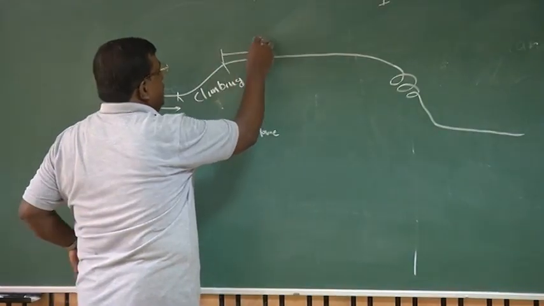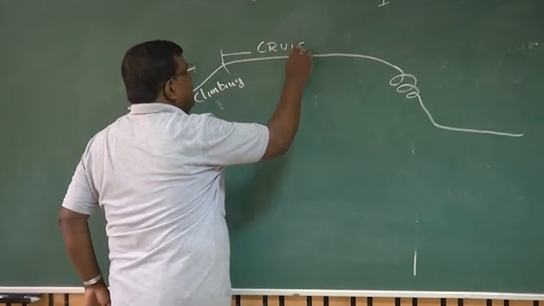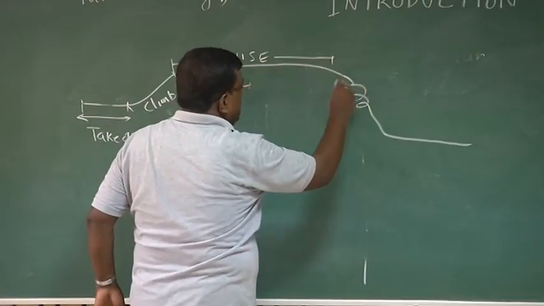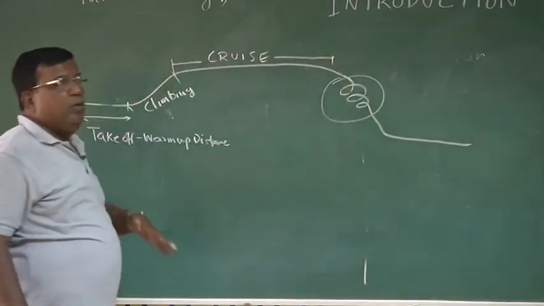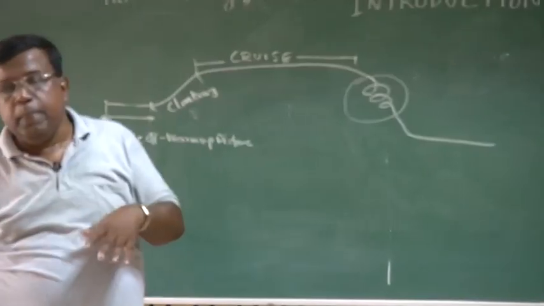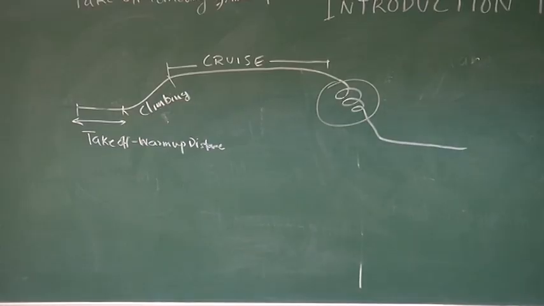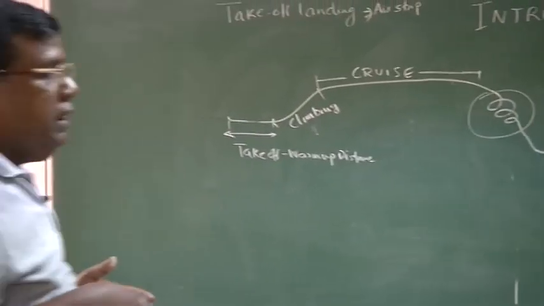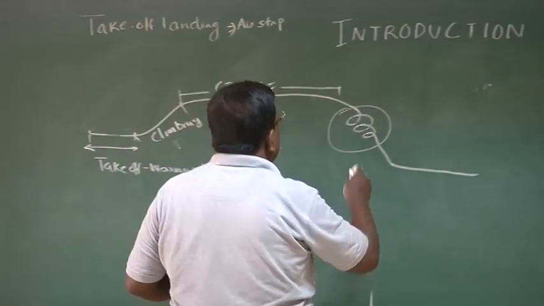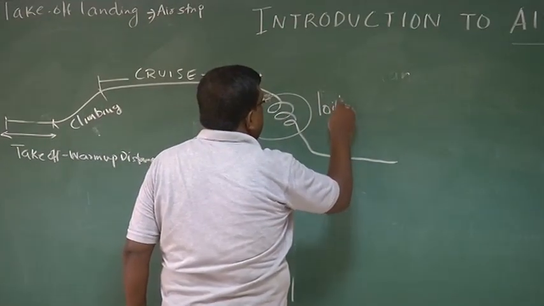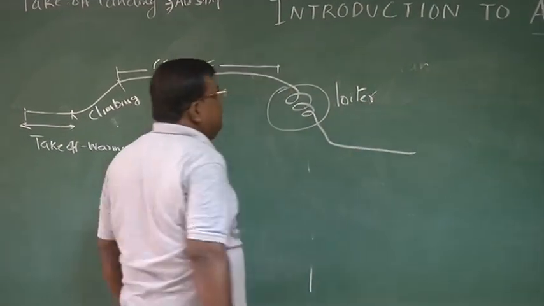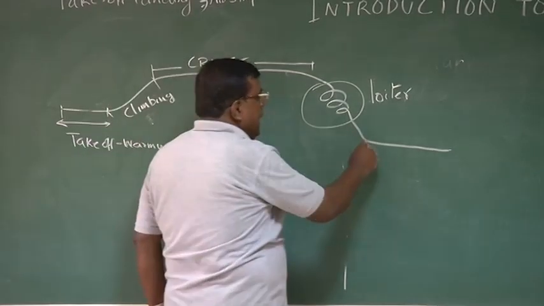And this is where we're talking about cruise. This is where, suppose I am over an airport and there is no space on the airstrip. So I need to loiter, right? I need to stay at a particular altitude and loiter till the air traffic controller gives me permission to land, and then I land.